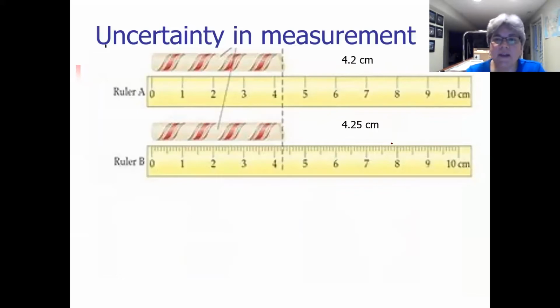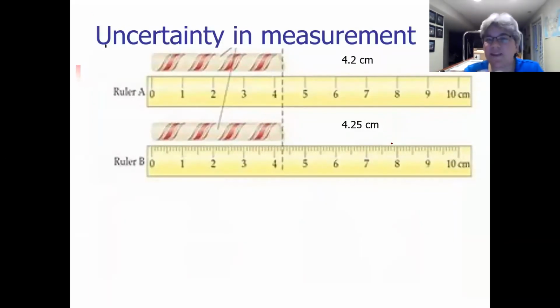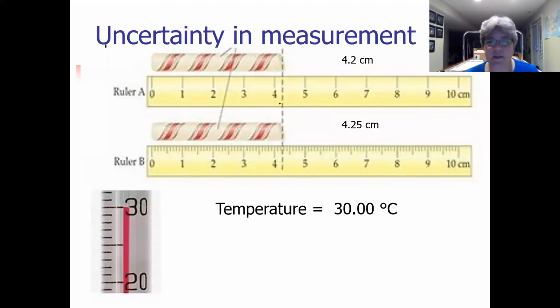Now, when you have non-zero numbers like all of these, then it's obvious how many significant figures. The problem is when we end in 0. So let's say I have a temperature here, and I want to measure this temperature. What would that number be? Well, if we look at the significant figures, this would actually be 30.00.